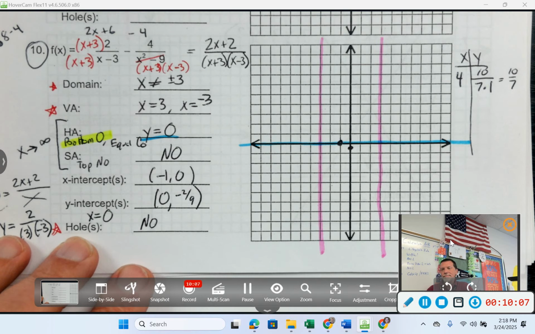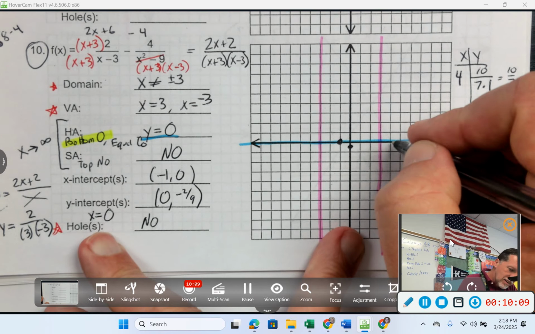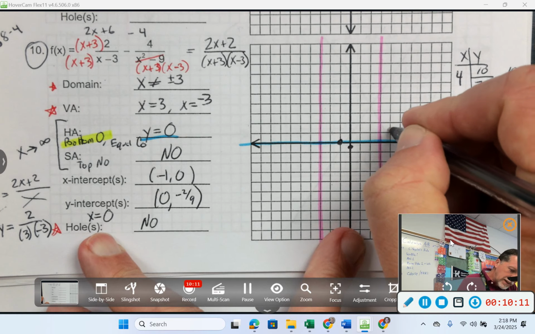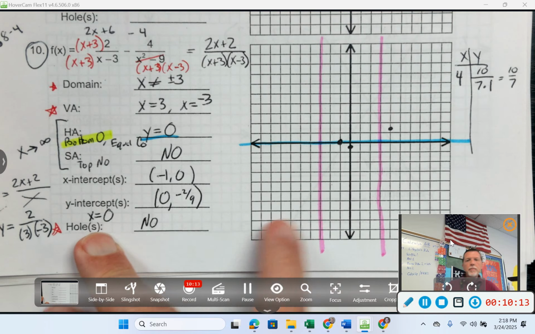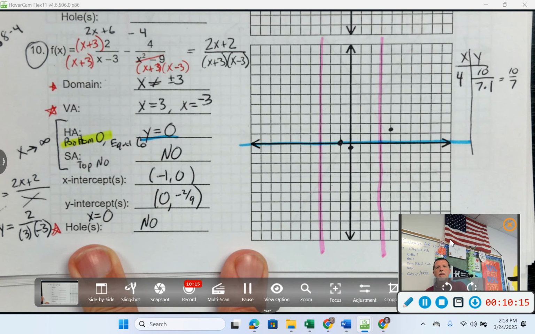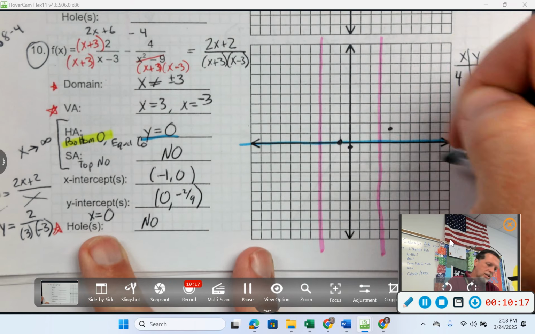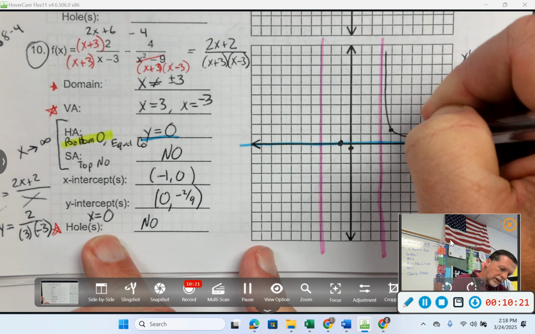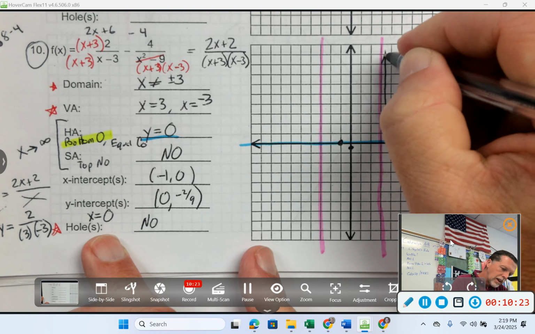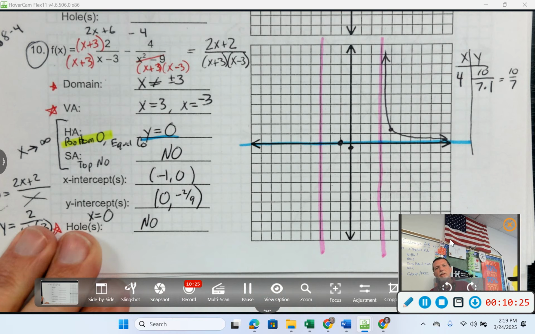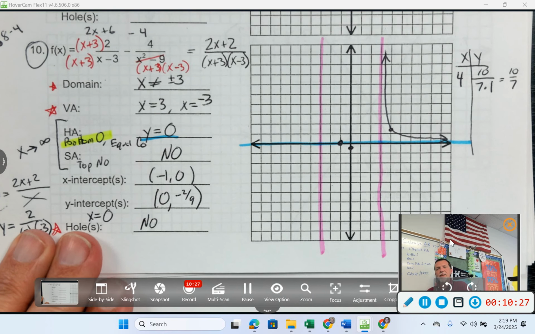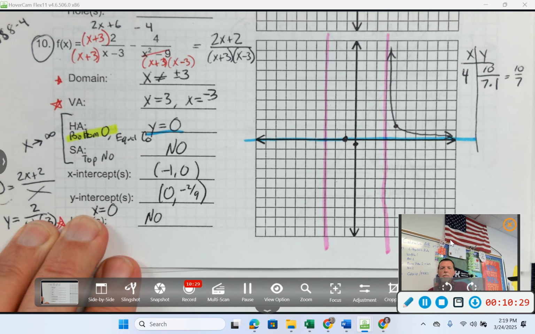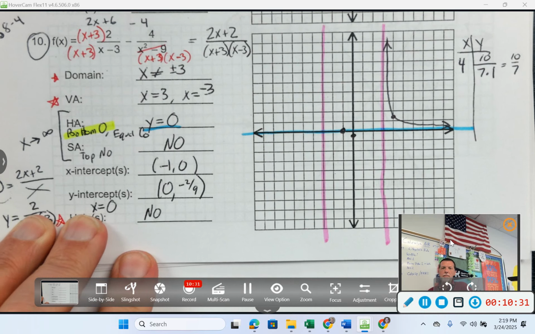Just over 1. 1 3/7. 1 and a little bit. And it's nice and tucked in close to both those asymptotes. So I'm pretty sure I know what's going on here. If you want to plug in 5 and 6 and 7, knock yourself out. But 1 point per branch is all that's really needed.